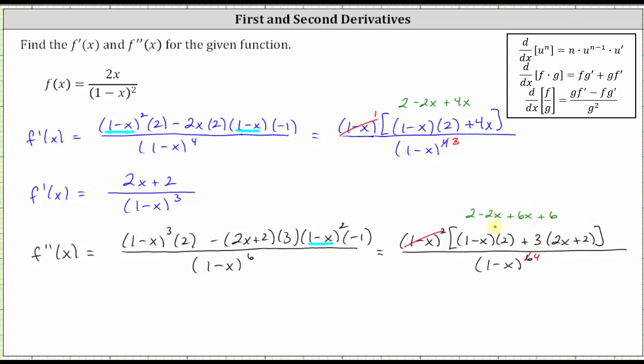Combining like terms, we have 4x plus 8. So the second derivative is equal to the quantity 4x plus 8 divided by the quantity 1 minus x raised to the fourth. Now we could factor the 4 from 4x plus 8, but it's not going to simplify with the denominator, so I'll go ahead and leave it in this form.